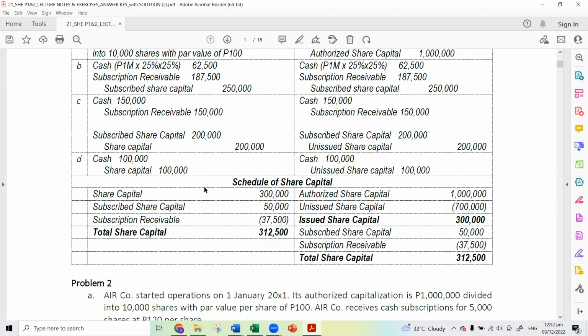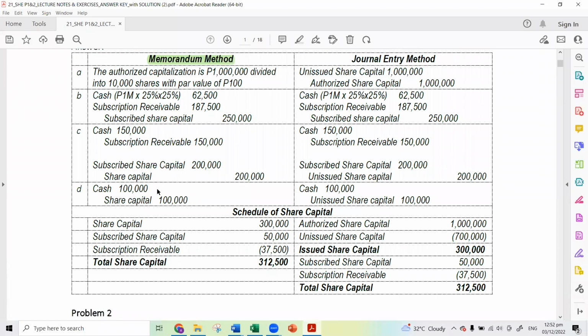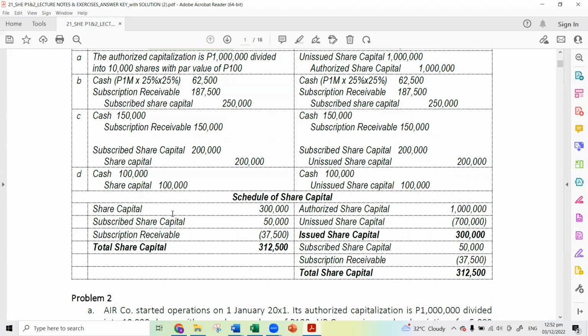Okay? Dito lang, siyempre, since this is a cash subscription, the share capital and the unissued share capital is directly credited for your cash subscriptions. Okay?